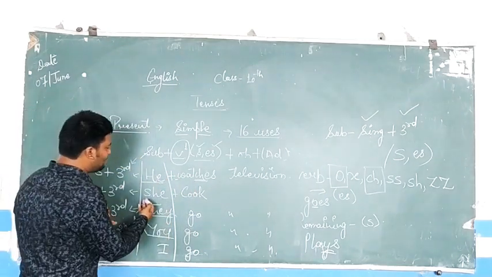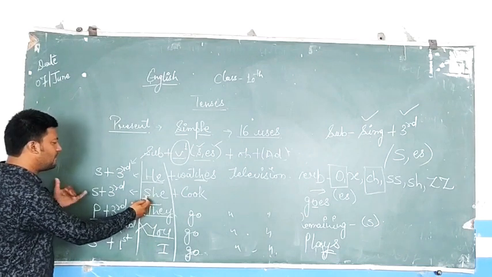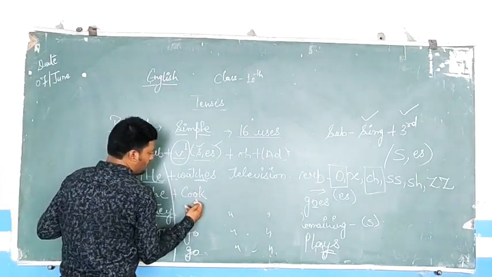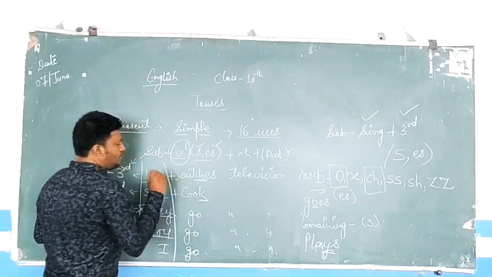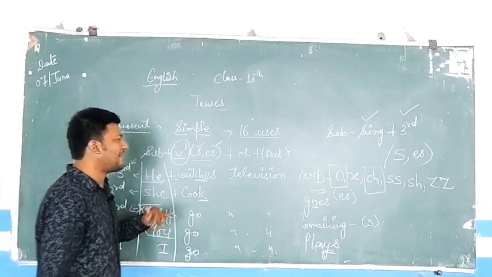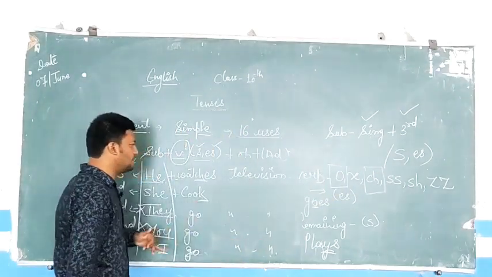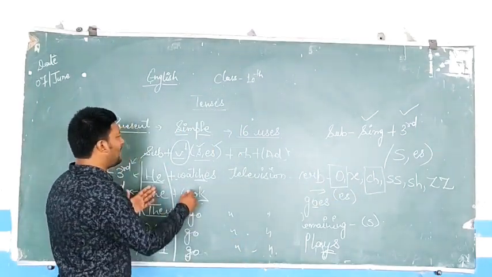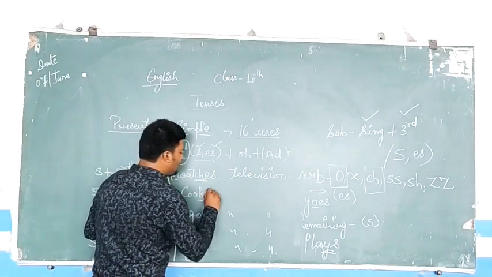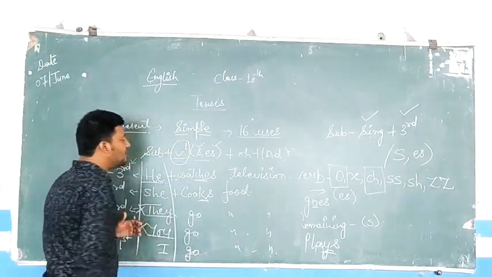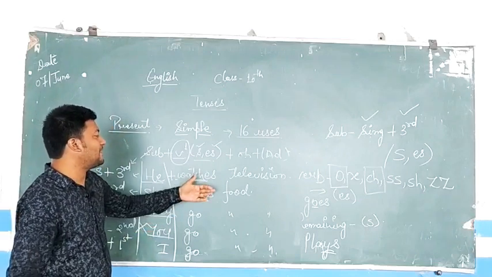Again I check my subject, singular, yes, third person, yes. Verb is cook, K. Is K here? No, K is not here. So s or es, she cooks food. I will use here s and not es.